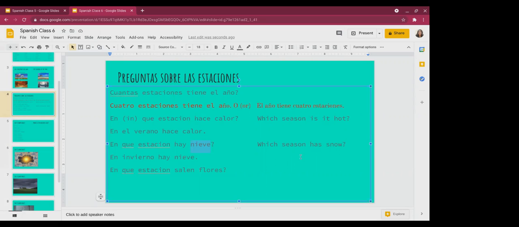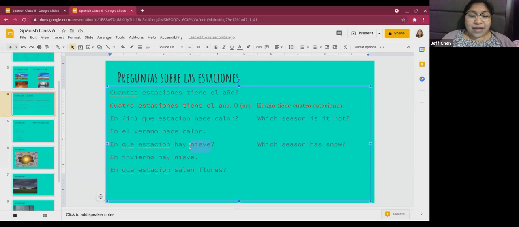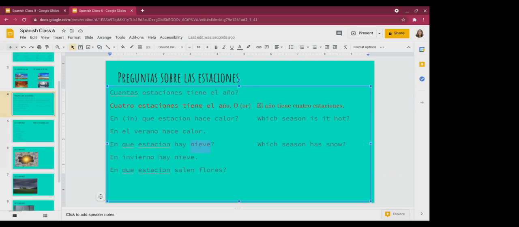Which season has snow? Nieve, remember, nieve means snow. So winter, right? Winter in Spanish is invierno. Invierno. Winter has snow. Which season has snow? Winter has snow. Okay. And en invierno hay nieve.